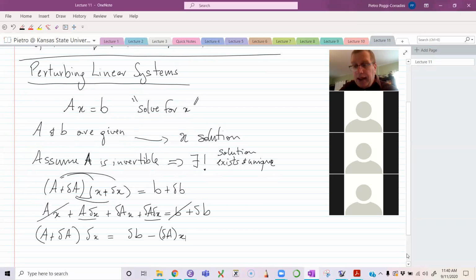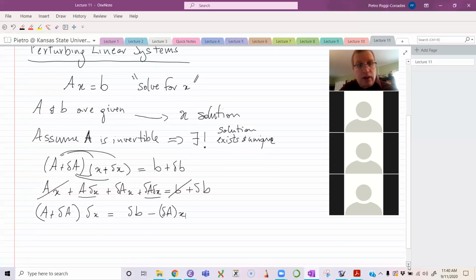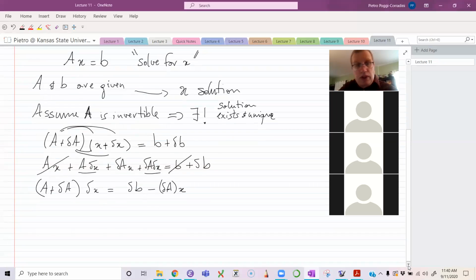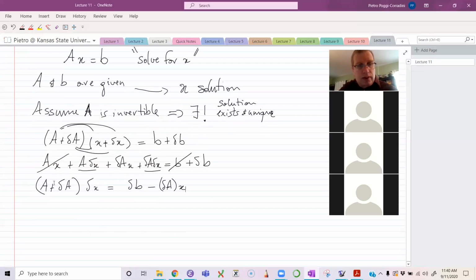Let's assume again that because A was invertible, the perturbed version is also invertible. And we'll see more specific instances of that later. So we can invert here, we can multiply by the inverse.